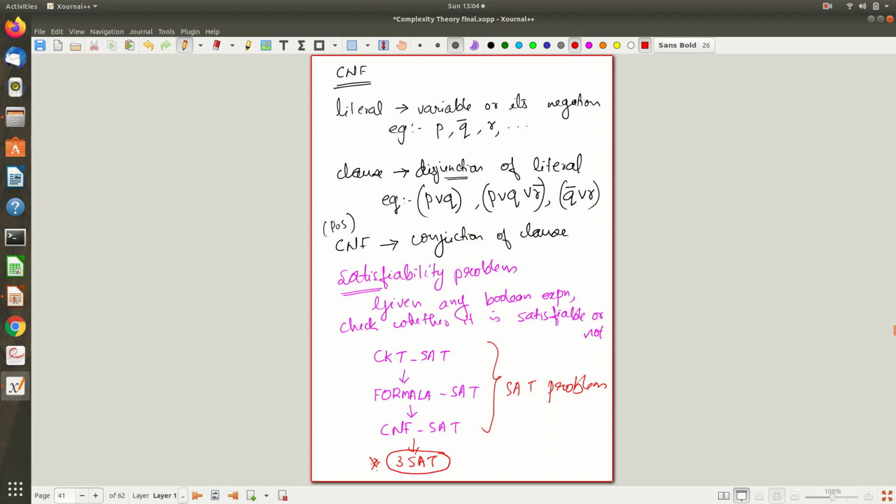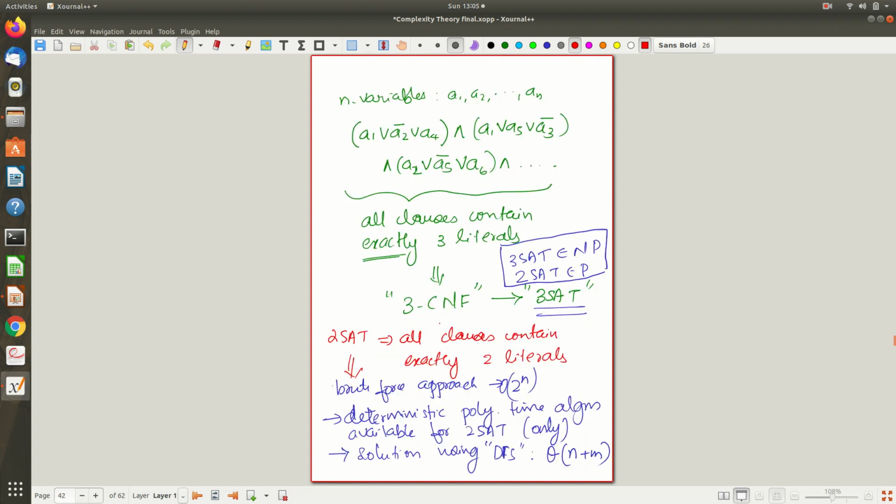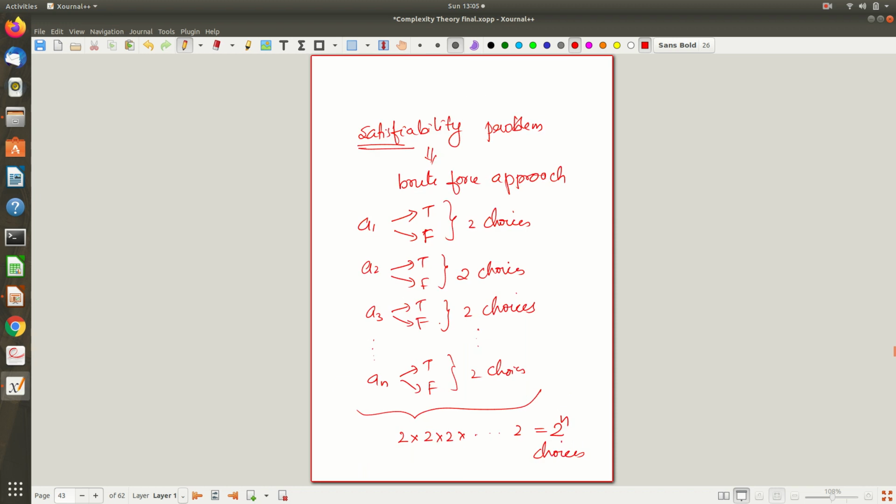So first we will see how any random Boolean expression can be mapped to 3 CNF, and accordingly we can ask 3 SAT. Because that structure is very peculiar, and it can help many other problems; I mean you can reduce it to some other problem. So the 3 SAT structure is something specific. Maybe after understanding one problem you can follow it.